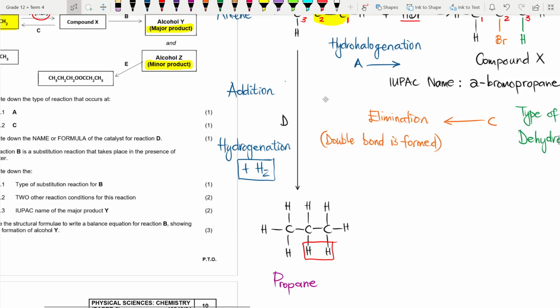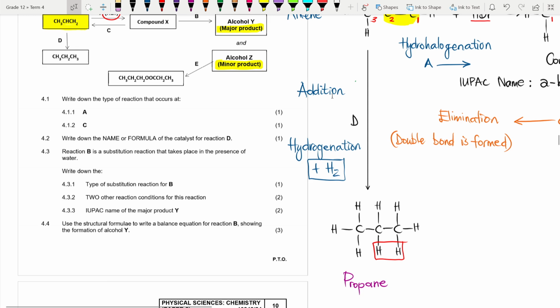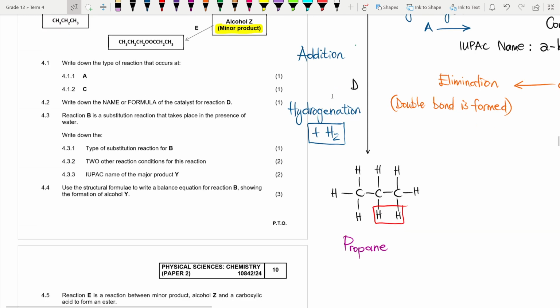It goes to E, which forms something that we are given a formula for. Let me actually copy down the formula. C, we have H3, and, okay, sorry.